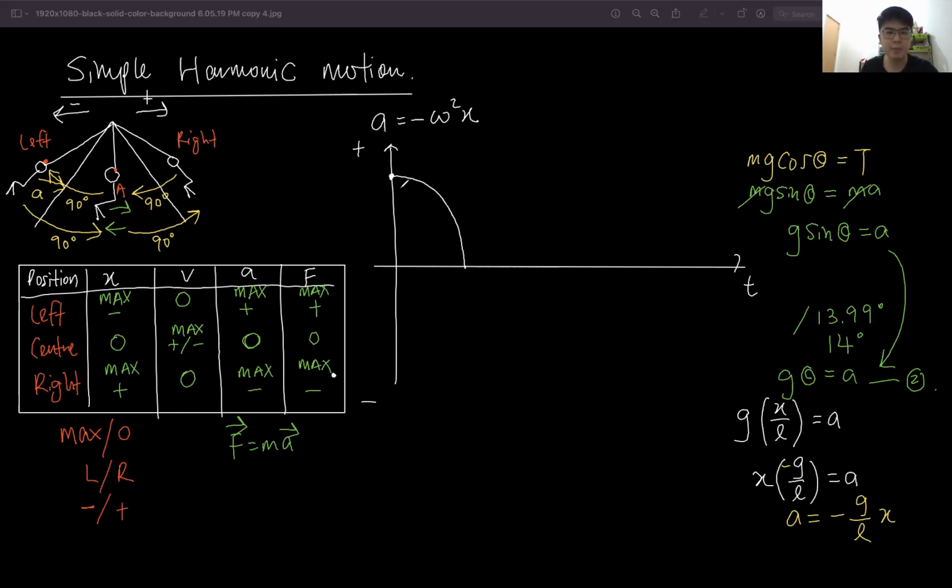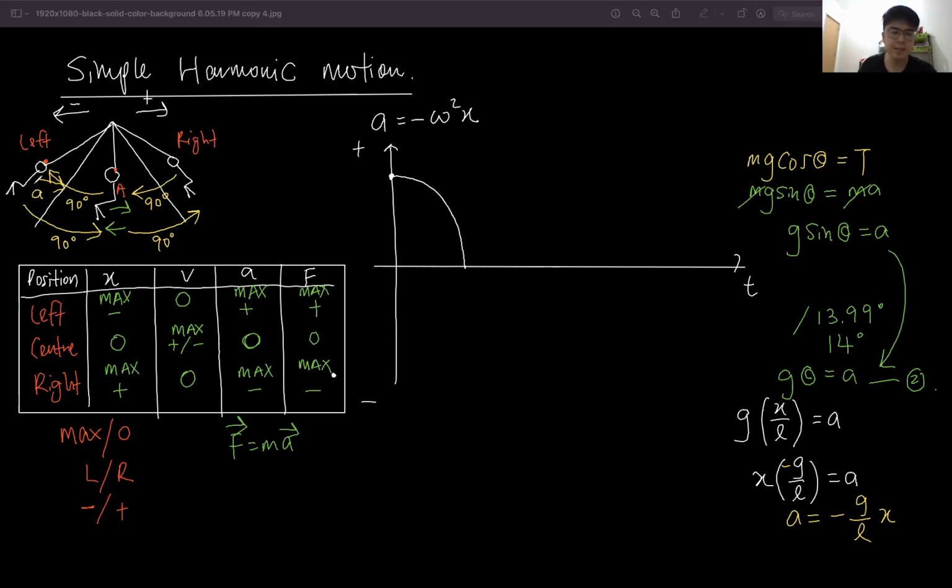Why does it curve down? Because the velocity is increasing, right? So the displacement-time graph curves down. And then this quadrant moves to the center. From the center to the left, now you're moving in the negative direction.